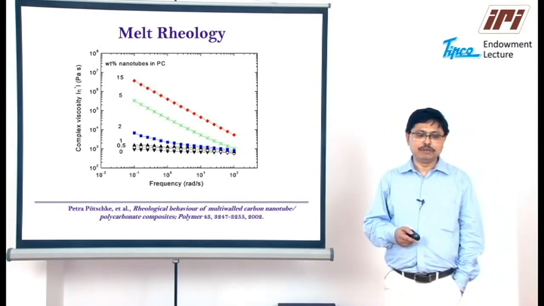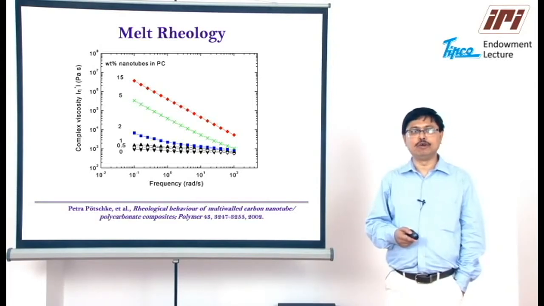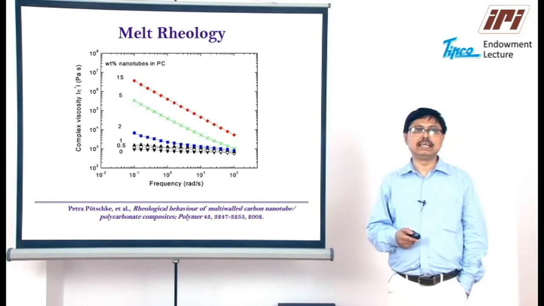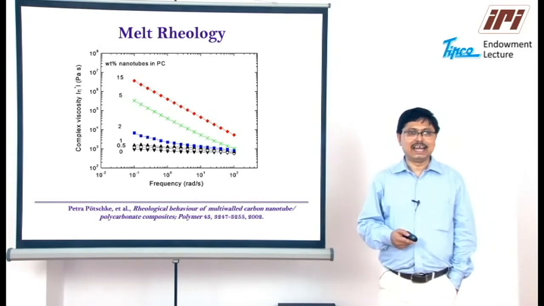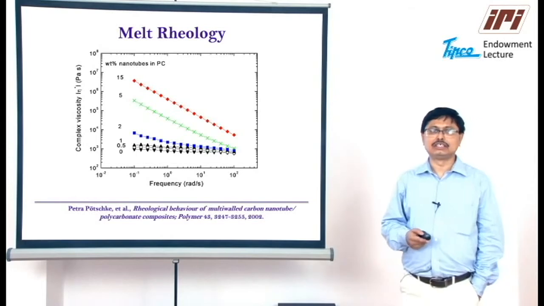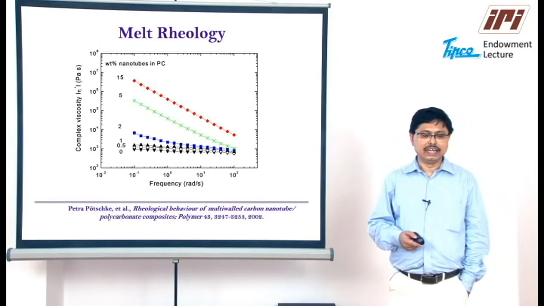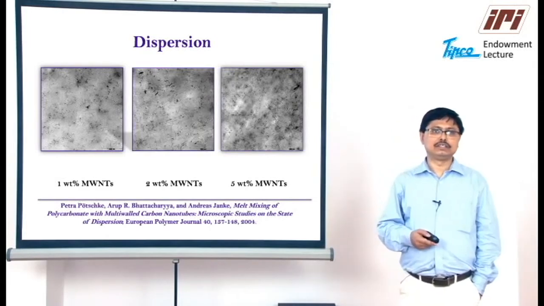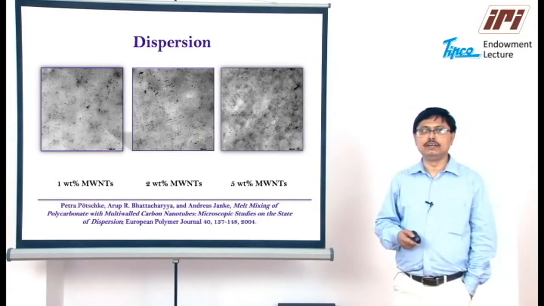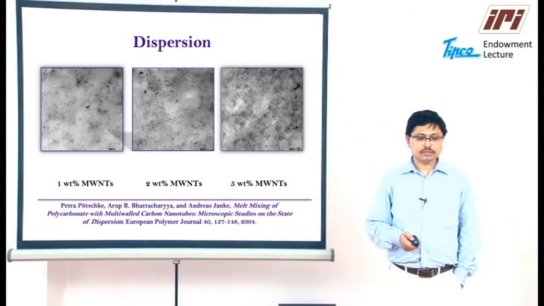Between 1 to 2%, one can find an increase in the slope at low frequency, which indicates the development of a network-like structure. This network-like structure, subsequently termed the rheological percolation threshold, is a little different from the electrical percolation threshold, which is completely dominated by the multi-wall nanotube network.